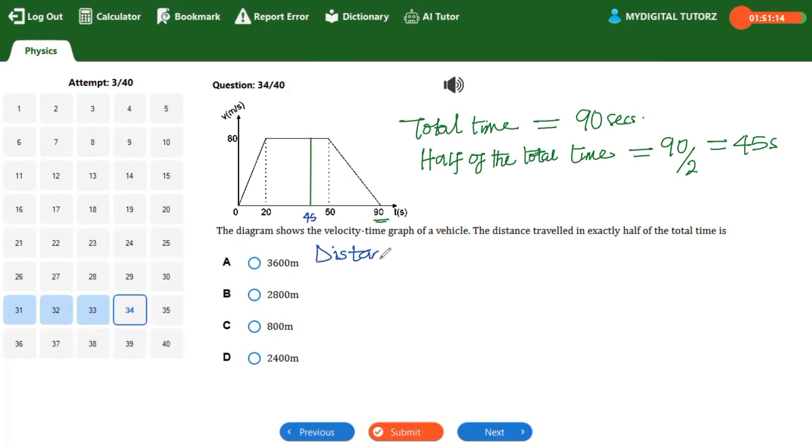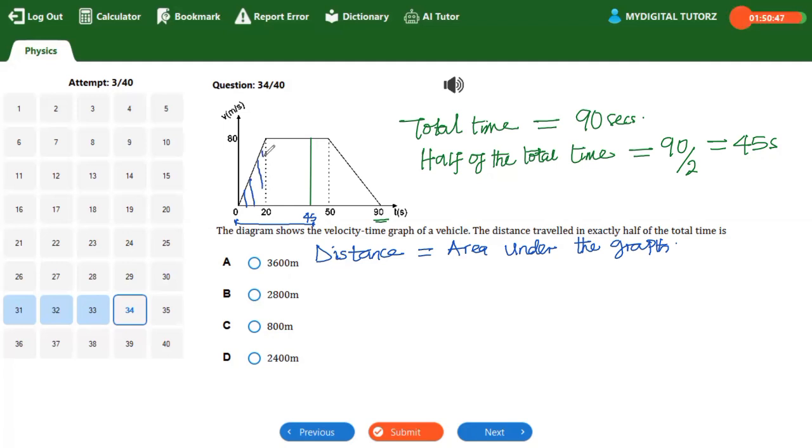in this velocity time graph. Distance is equal to the area under the graph. So we are looking at the distance from this point to this point. So we consider the area under this graph here. We consider this area, the triangle.